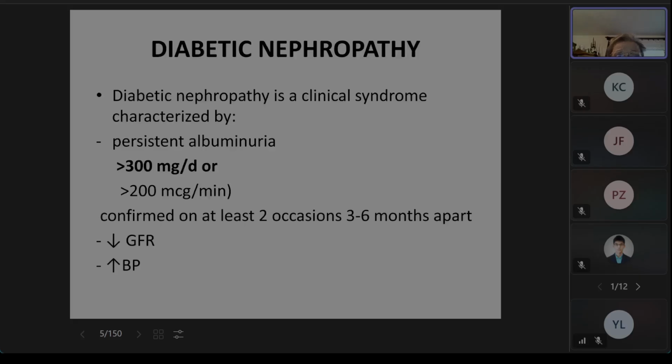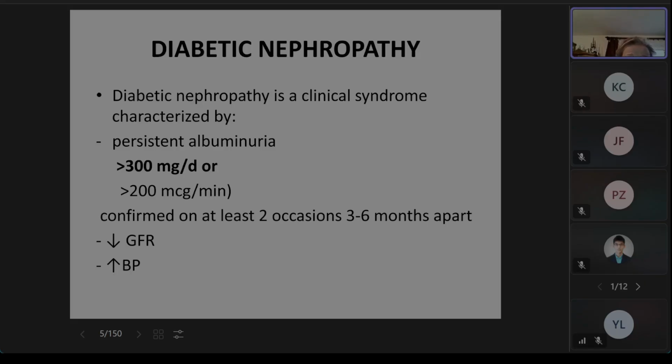What does it mean, in fact, diabetic nephropathy? Well, we can recognize diabetic nephropathy when we observe a persistent albuminuria over 300 milligrams per day. This is over 200 micrograms per minute. It must be confirmed on at least two occasions, 3 up to 6 months apart.